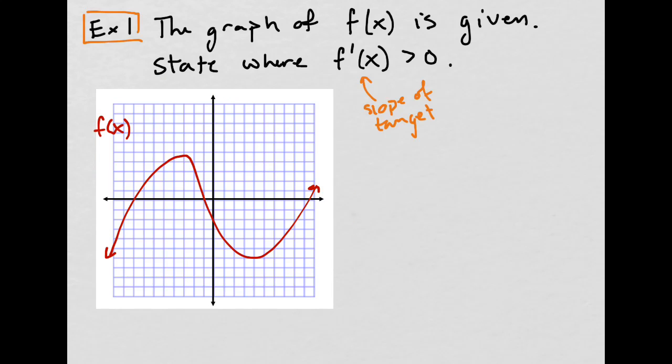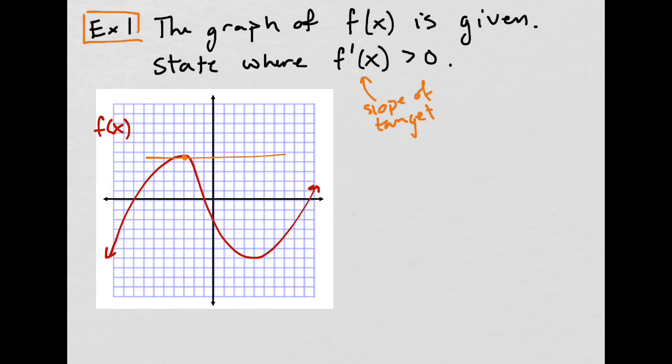Let's try and draw a few tangent lines. Maybe the tangent line there would have that kind of slope. Oh, that's positive. So we're going to have an x interval where it looks like it's positive. Maybe at this point we have a 0 for the slope.